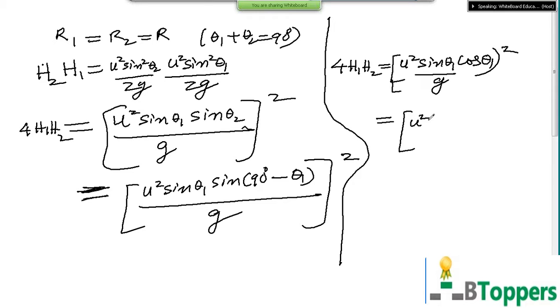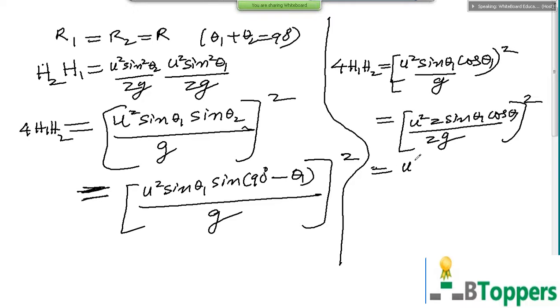So you can write u square into 2 sine theta 1 into cos theta 1 by 2g whole square. Now 2 sine theta 1 cos theta 1 you can write as sine 2 theta 1. So you get for H1, H2 equal to u square sine 2 theta 1 by g whole square into 1 by 4.